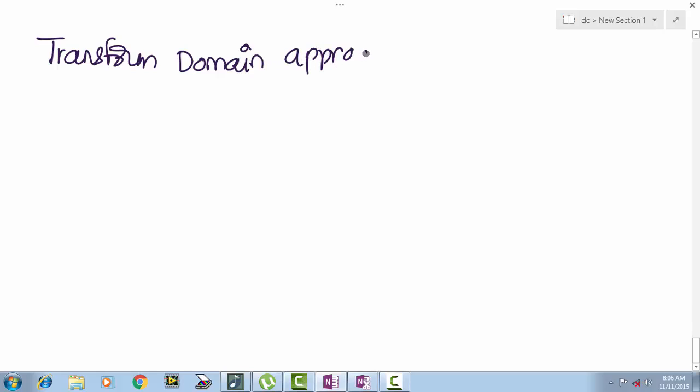Transform domain approach. As the name says, in signals and systems we have studied that convolution in the time domain is equivalent to multiplication in the frequency domain. Multiplication is a lot easier than convolution.